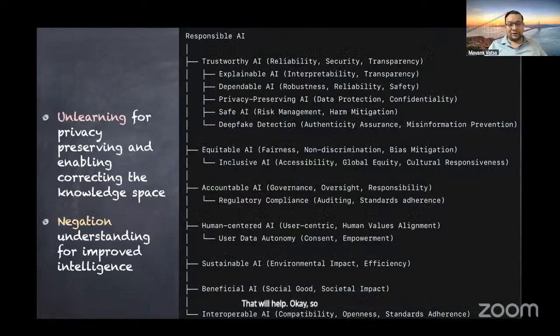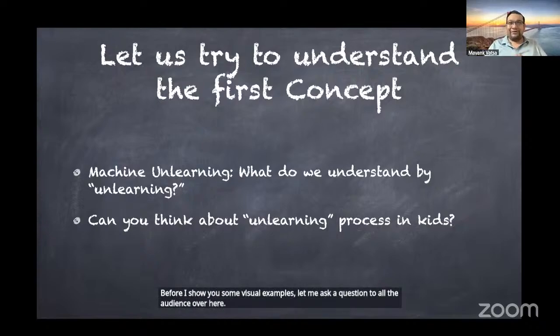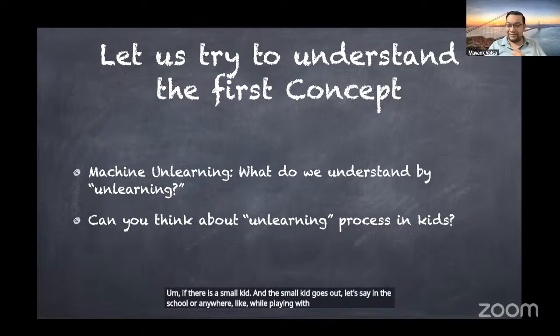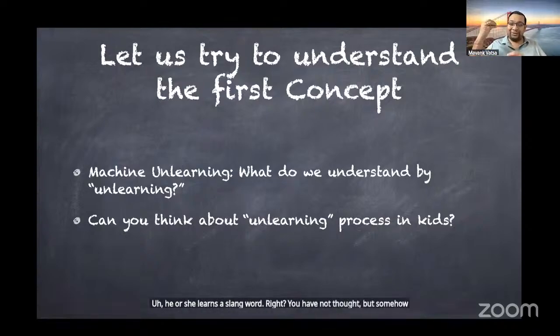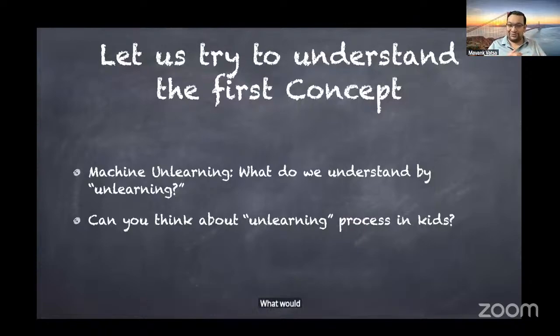Let me try to explain machine unlearning first, with some examples also. But before I show you some visual examples, let me ask a question to all the audience. If a small kid goes out, let's say to school or while playing with friends in the colony, and learns a slang word that you have not taught, but somehow the kid has learned from the environment, what would you do?